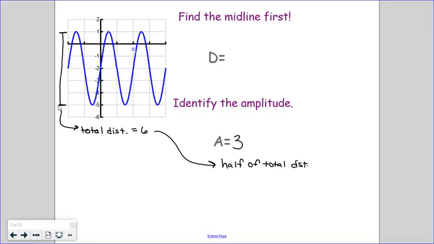And then our midline, again, it's splitting our graph exactly in half. And that distance that we just figured out, 3, that's how far our midline is from the bottom or how far our midline is from the top. So if I were to count down 3 from the top, we see that we would draw a midline at -2. The location of the midline is the D value.